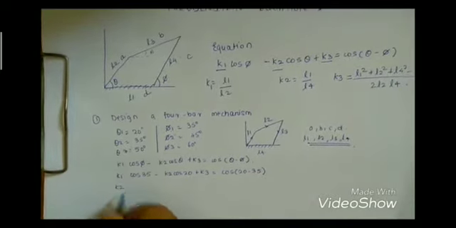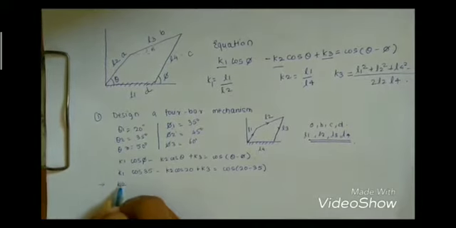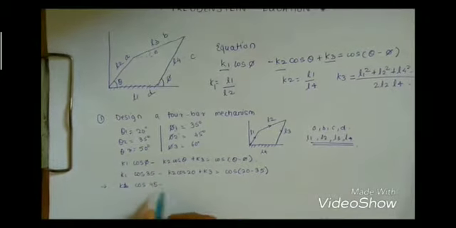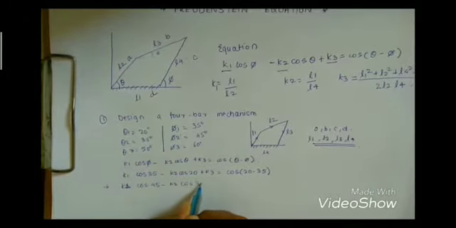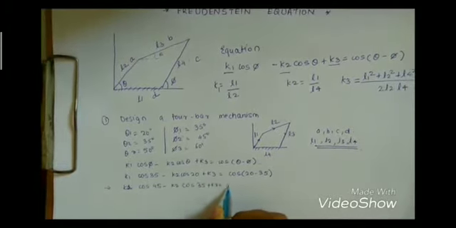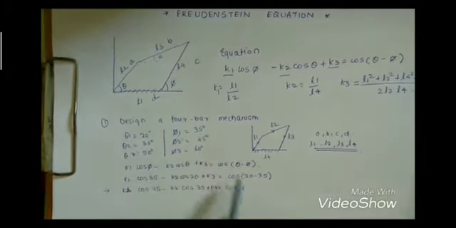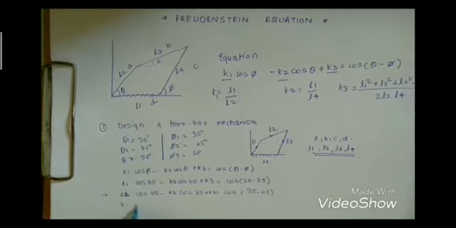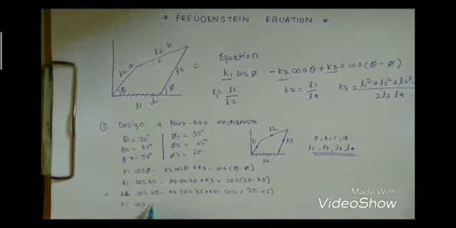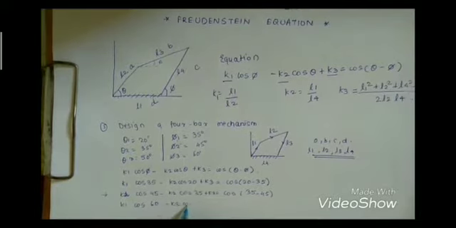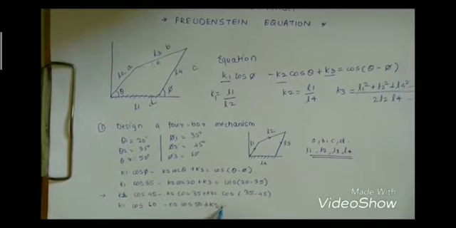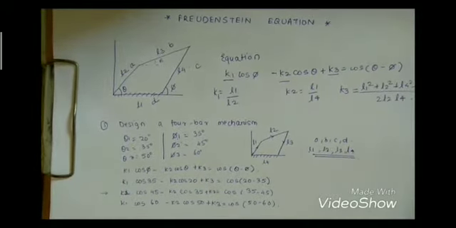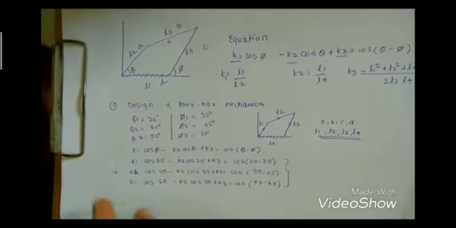Now the second equation will be k1 cos 45 minus k2 cos 35 plus k3 is equal to cos (35 minus 45). Next, k1 cos 60 minus k2 cos 50 plus k3 is equal to cos (50 minus 60). So we get three simultaneous equations with three unknowns.